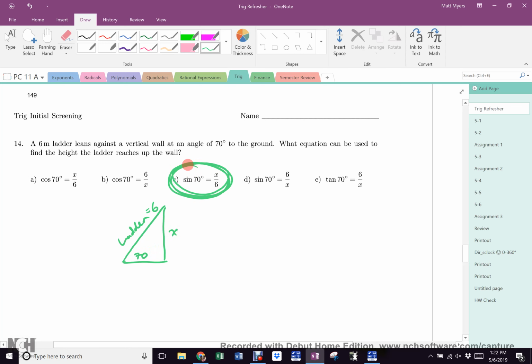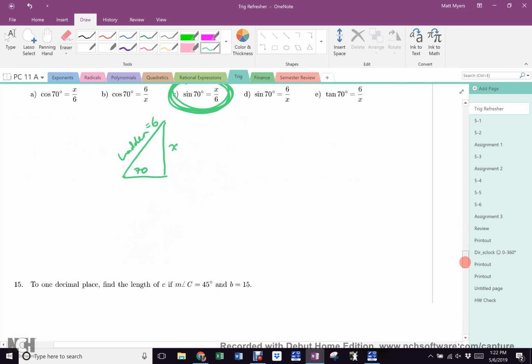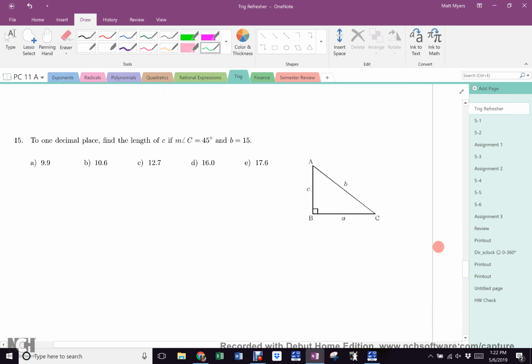C. If this is 45, what is this automatically? Also 45.